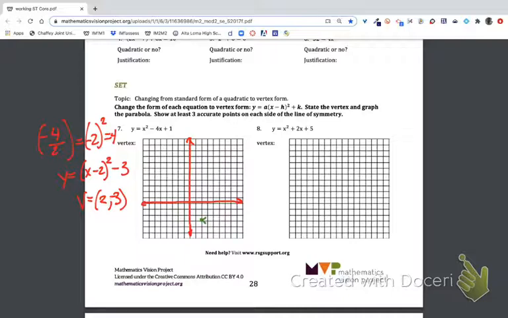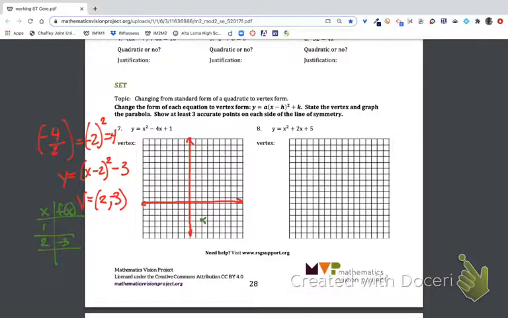And now it's a matter of creating a table and seeing what goes in there. I know that 2 is my vertex, 2, negative 3. So I'm going to try to create a couple more points that should help me out a little bit.